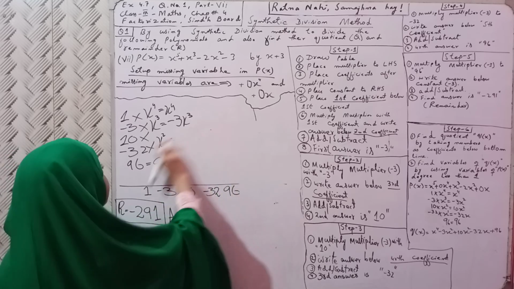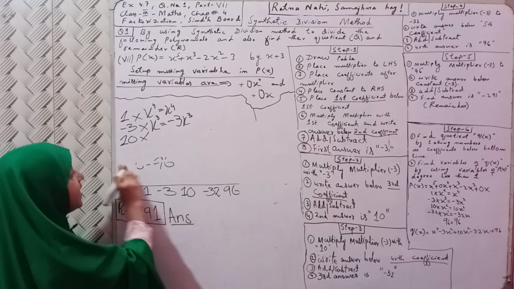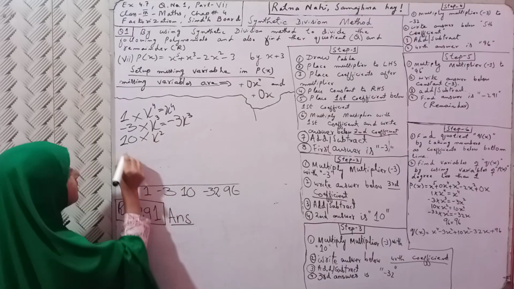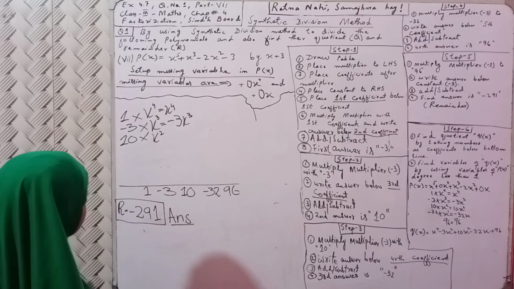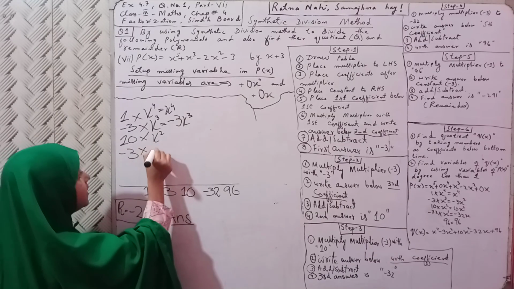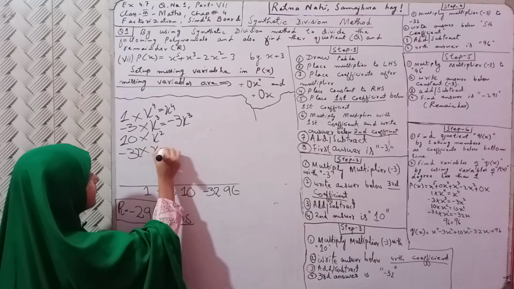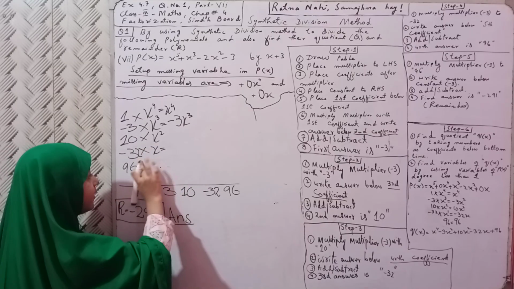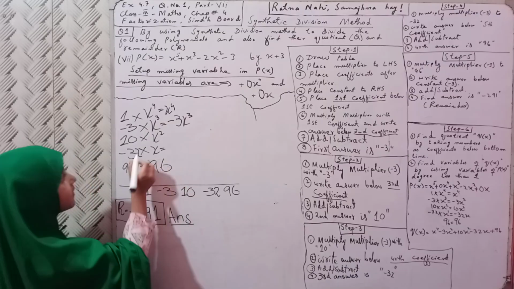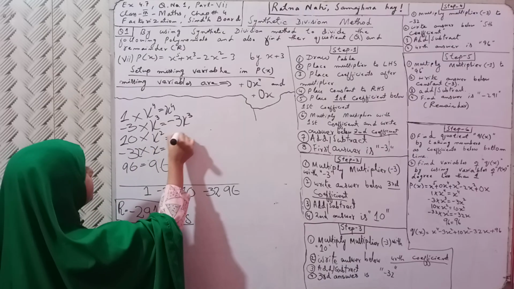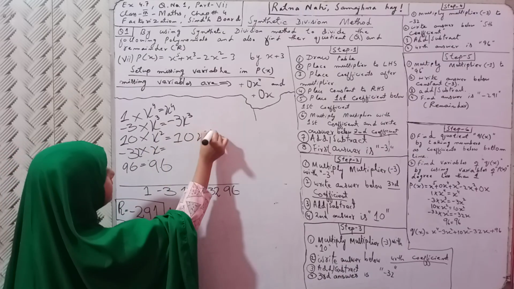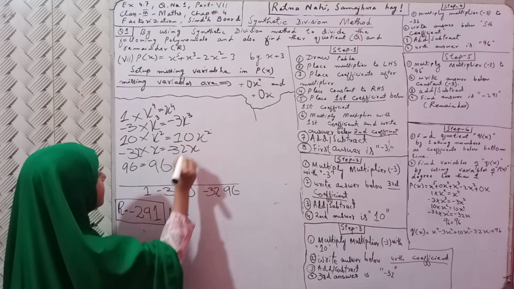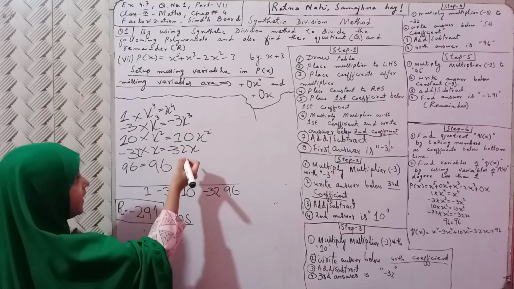I forgot to multiply the x power 4. x cube, x square, then 10 here, then minus 32 multiplied by x, and 96 multiplied by x power 0 is equal to 96. So here will become 10x square, here minus 32x, and here 96.